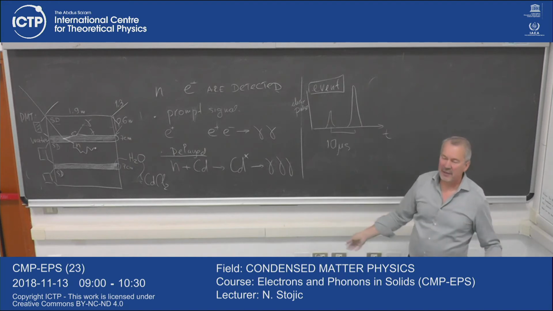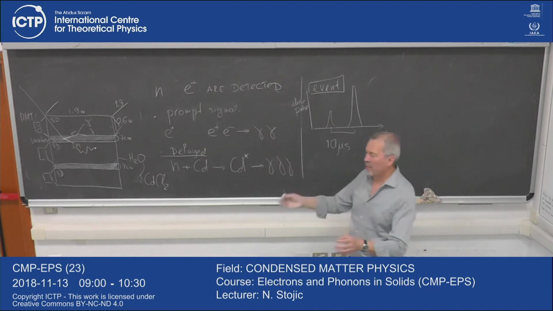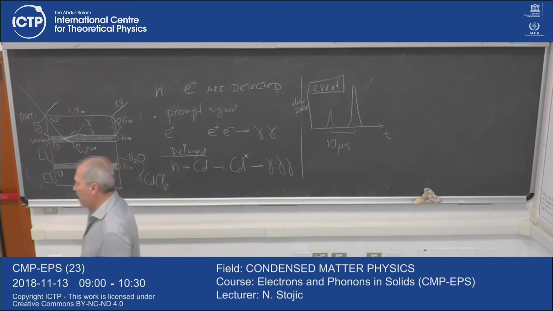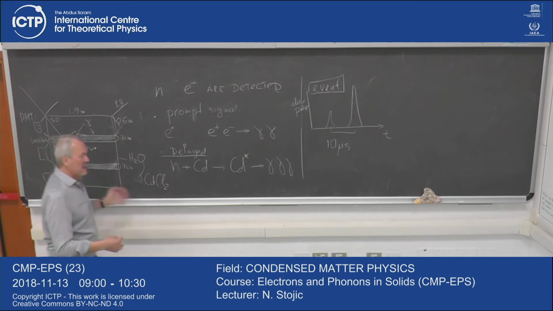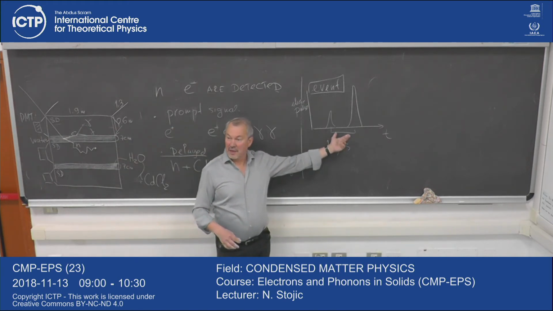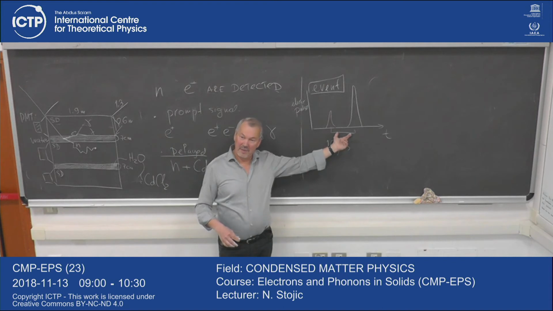Because we have an atomic reactor, so what does it mean? There's uranium, thorium, uranium, plutonium, they put this into the reactor, they have some neutron flux, okay. And then in some detector, which is staying, say, 10 meters from the reactor, people see this type of events, electric pulses.